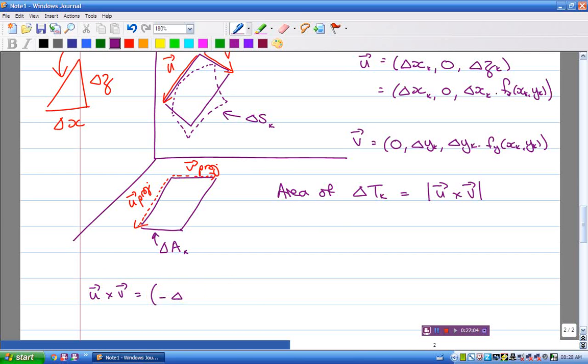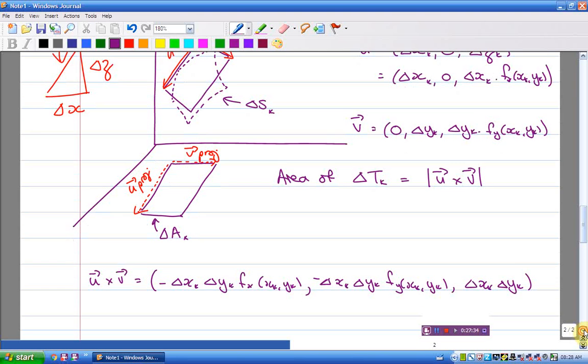You get a negative delta x, delta y, x derivative. You get a negative delta x, delta y, y derivative, and you get a delta x, delta y. You can carry out your cross product. It's just a cross product. It's just a rather chunky cross product because all the bits are so big. But it's just a cross product. How many cross products have you done in your life? Hundreds.